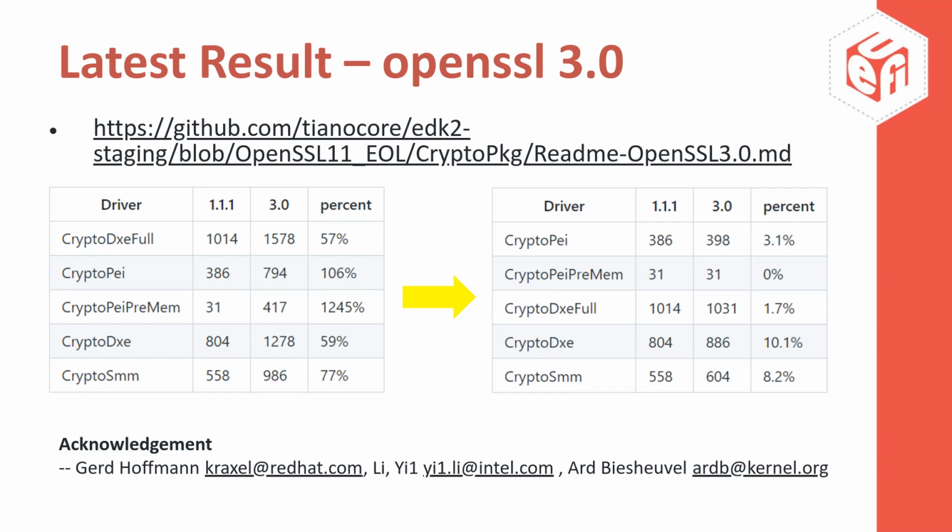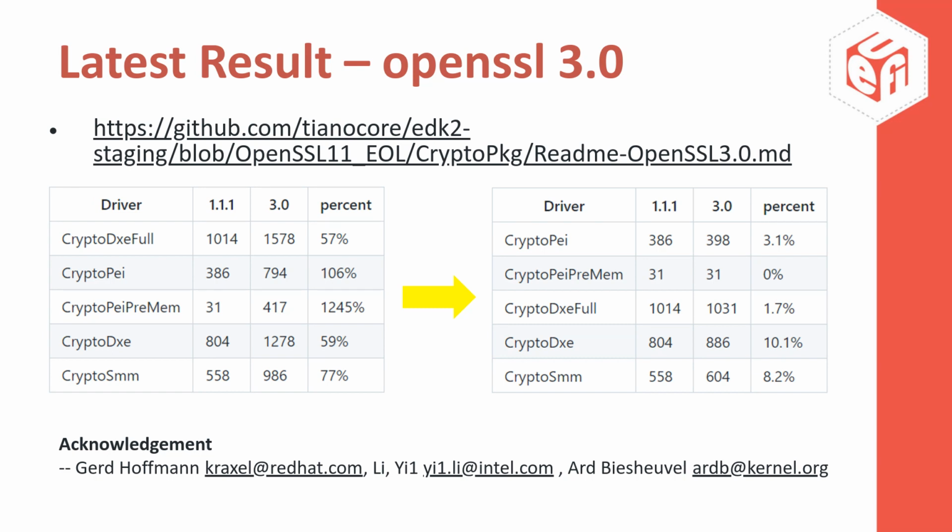For example, the PEI size is reduced from a 100% increase to a 30% increase, which is good now. The DXE and SMM size is reduced from a 70% increase to a 10% increase. This data is much better, but not good enough. So we're still working on that.